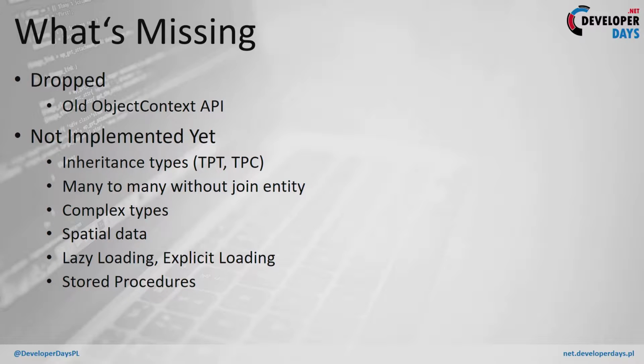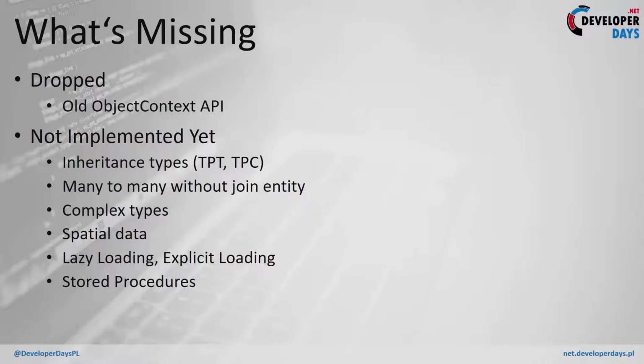So this old API will not be there, and I'm quite happy about it, because it wasn't really good. The DbContext API was much cleaner. There are many features which will be there, possibly, or most probably, but they are either in implementation or they haven't been started on yet.